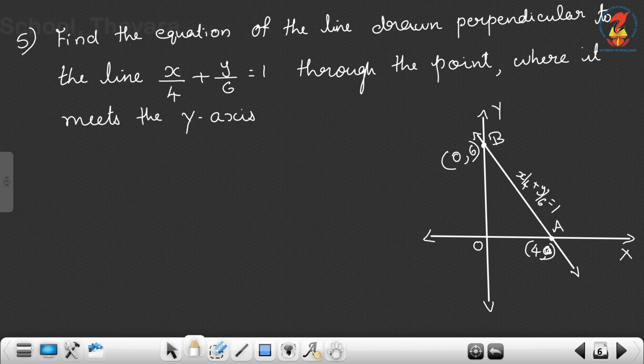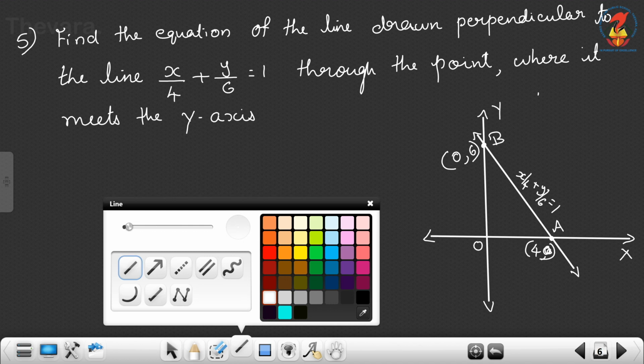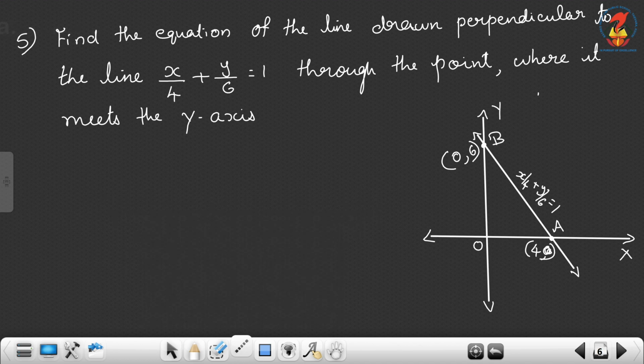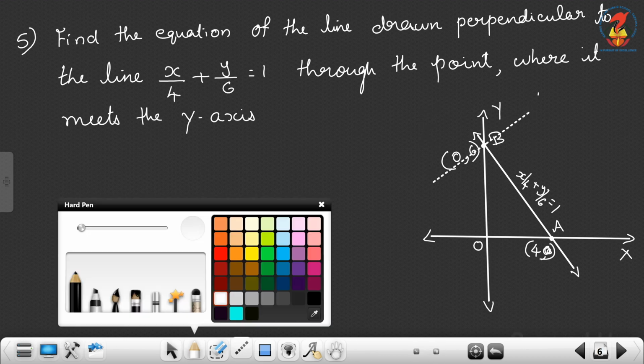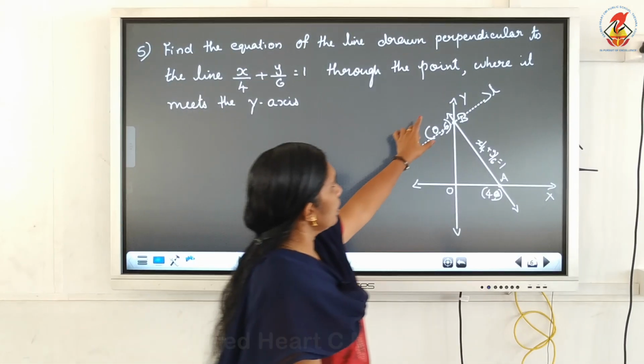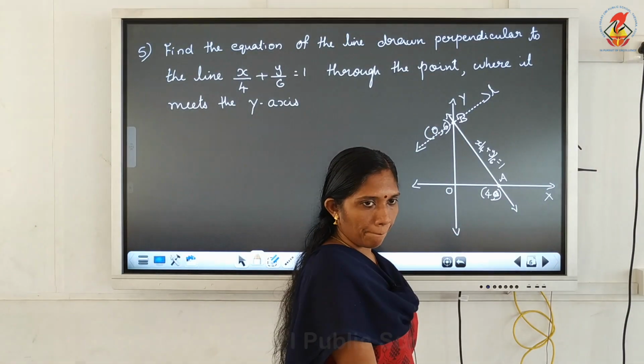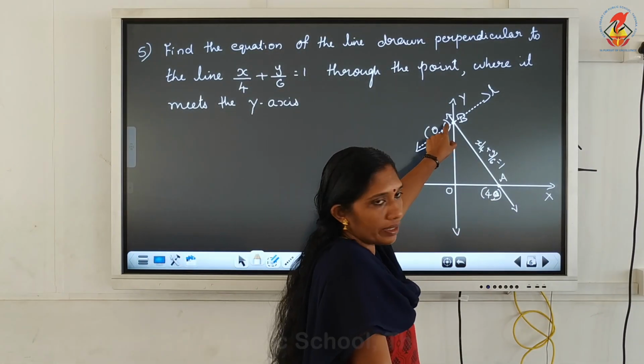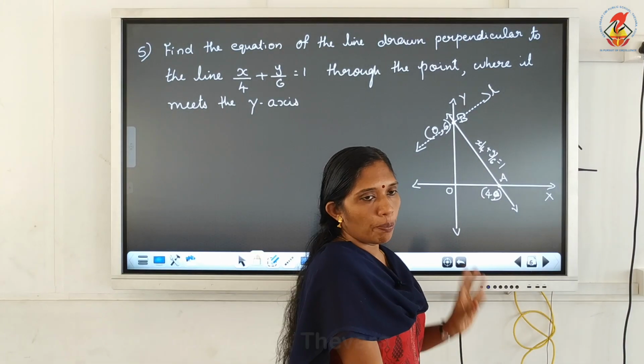So I am drawing just one line perpendicular to this line and through the point B, like this. So let this line be L, that line L is perpendicular to the line AB, and through which point? 0, 6. So the point is there.